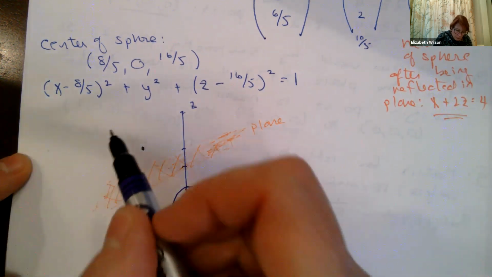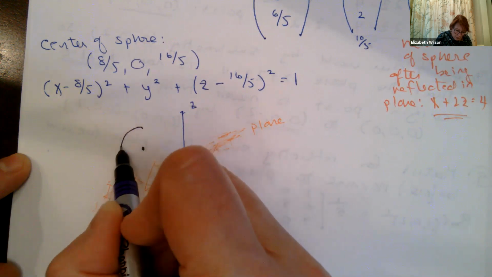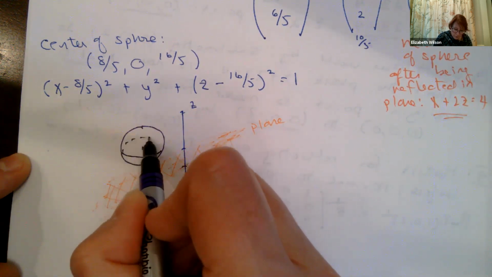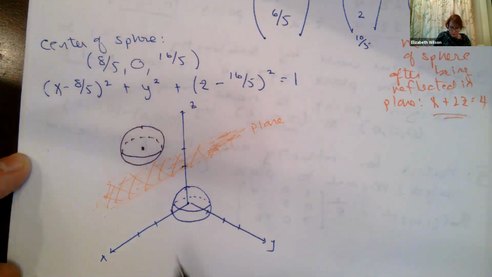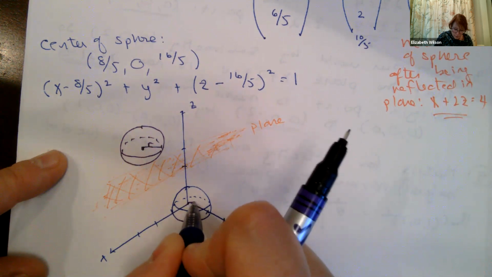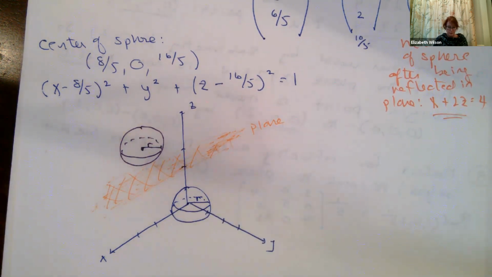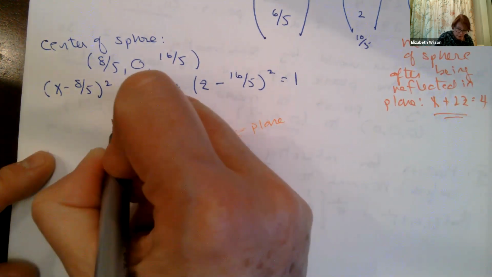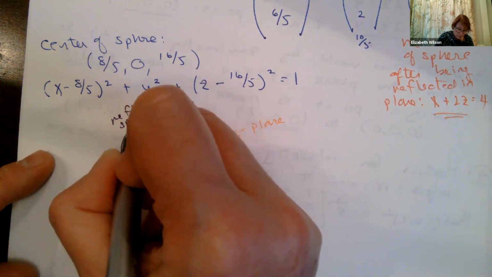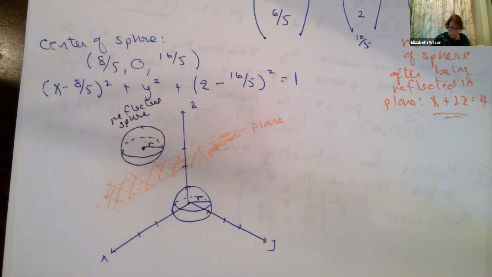Okay. So my sphere now looks like, and there's my radius. Okay. And this is the reflected sphere, and the original sphere.